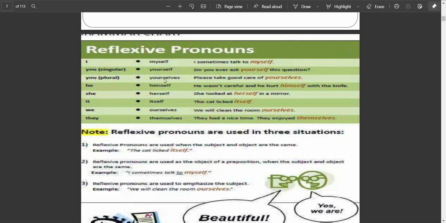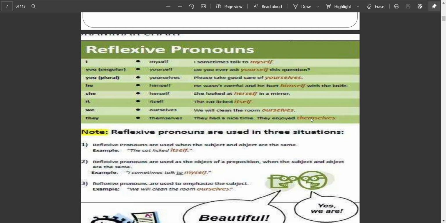You plural yourselves. Please take good care of yourself. Right? He himself. He wasn't careful and he hurt himself with a knife. She herself. She looked at herself in the mirror. It itself. The cat itself. Right? We ourselves. We will clean the room ourselves. They themselves. They had a nice time.